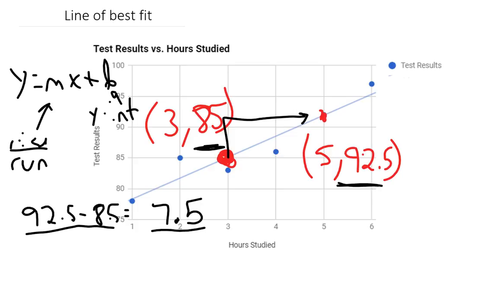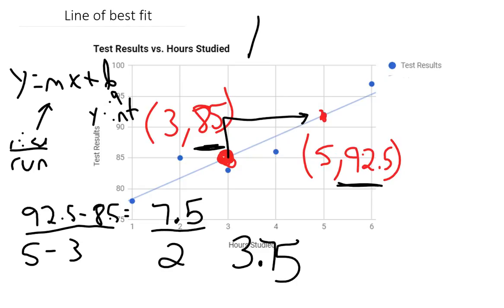My run is then going to be the change in my x's. I went from 3 to 5, that gives me 2. So if I am looking at my slope now, which is my rise over my run, it's going to be 7.5 divided by 2, which is going to give me a value of 3.75.